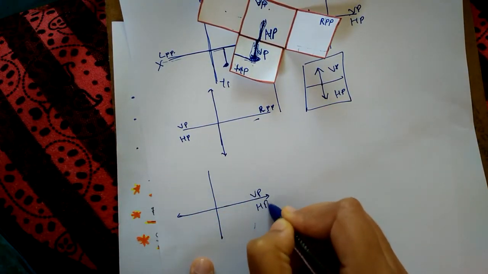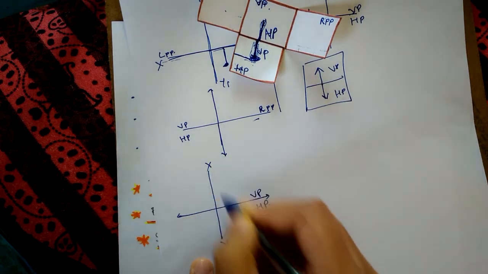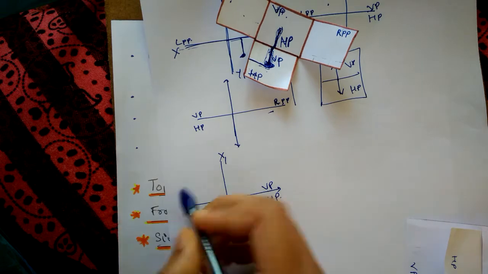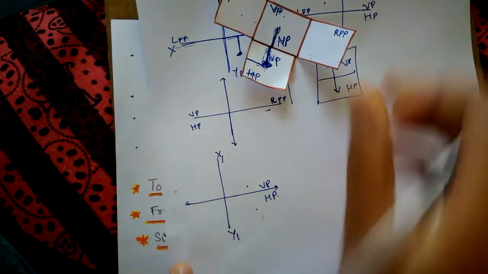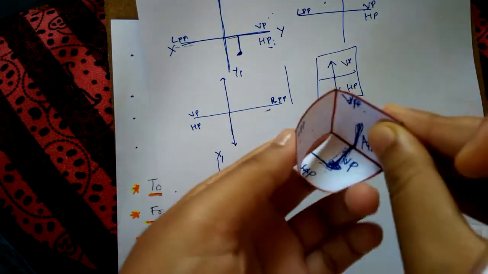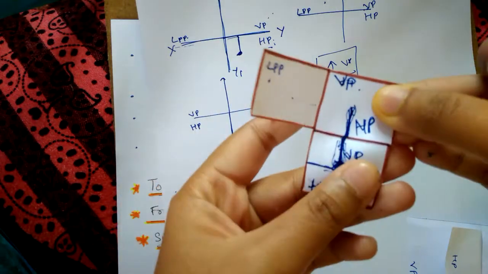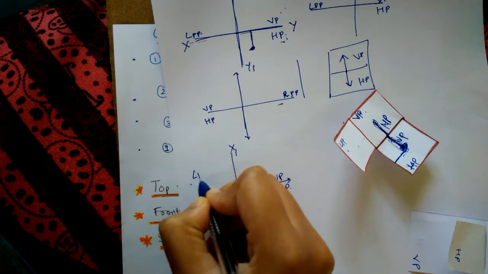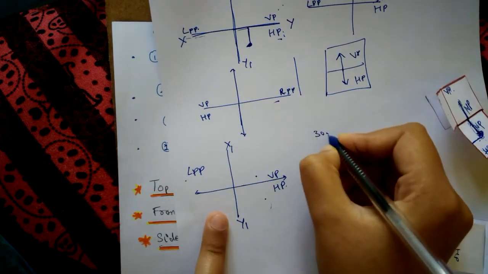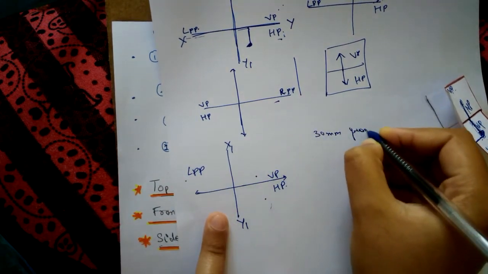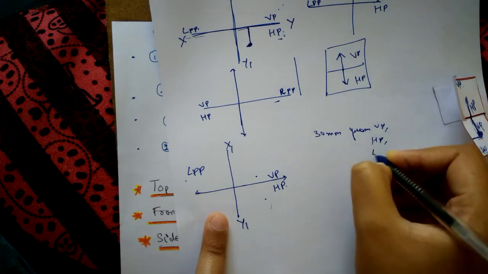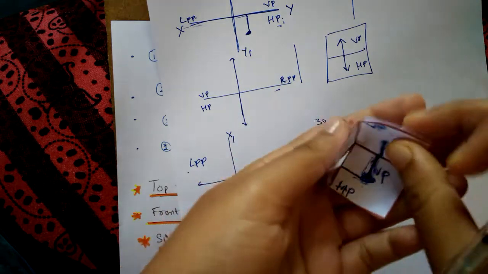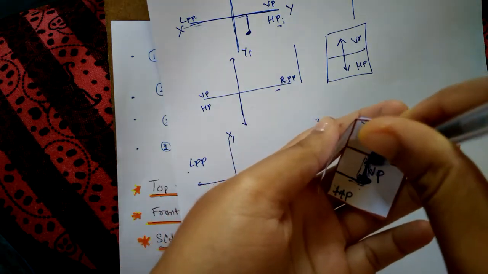To represent it on a paper, we have this. Considering the first angle of projection, HP and VP, the line which divides is xy, x1y1. Since it is dividing LPP from VP and HP, this is only this view. If you remove this part, it is represented here like this. That is LPP. The point was 30 millimeter from VP, HP, and LPP, so the point was here, 30 from VP.